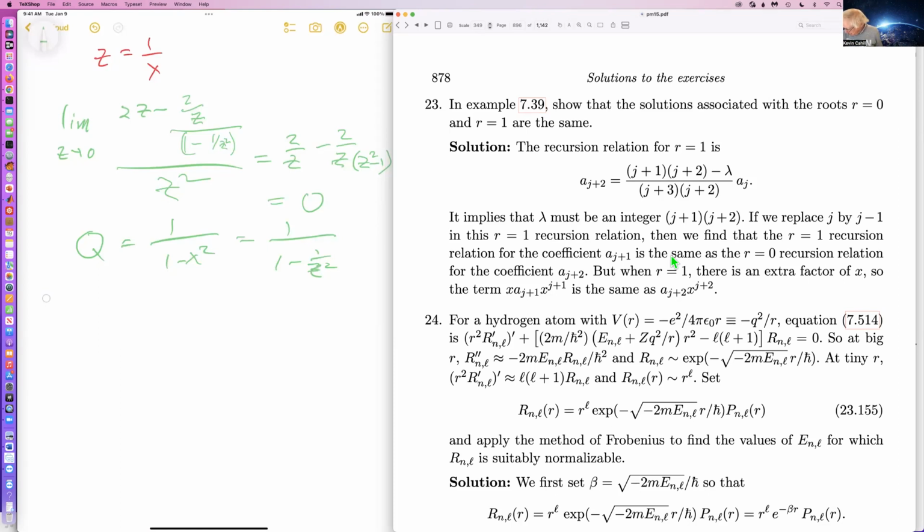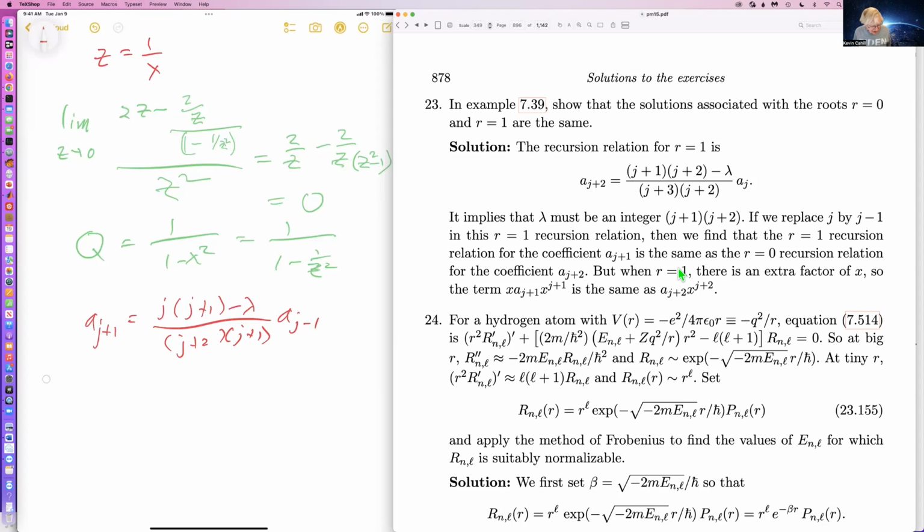And let me switch to a different color here, because this green is kind of anemic. And so here you would have a sub j plus 1 is equal to j plus 1 minus lambda over j plus 2 times j plus 1, times a sub j minus 1.